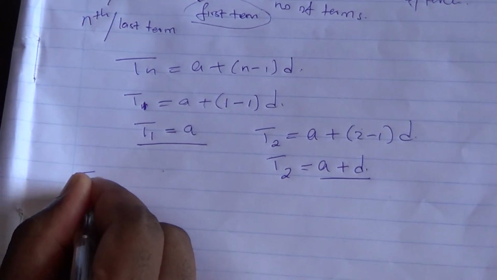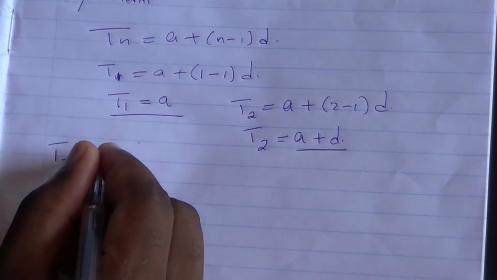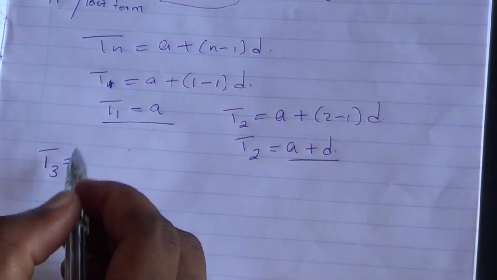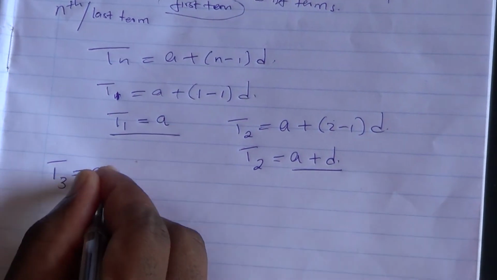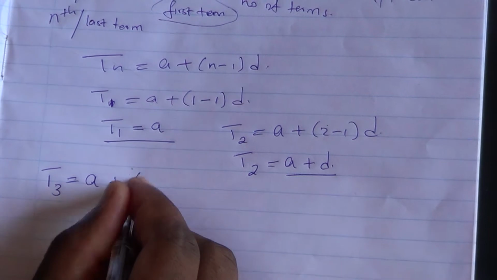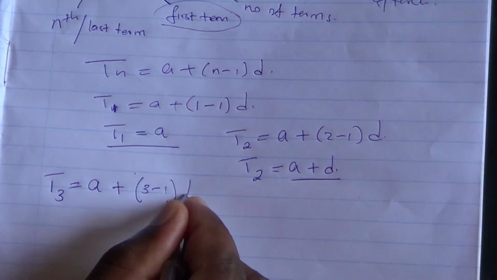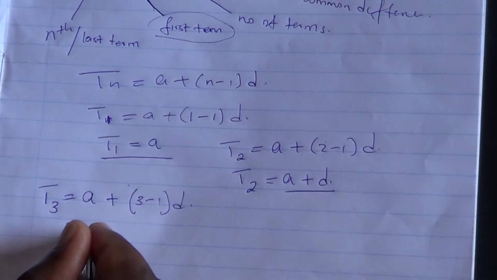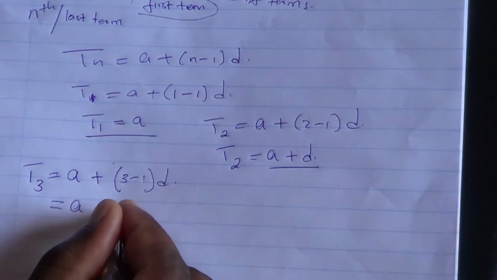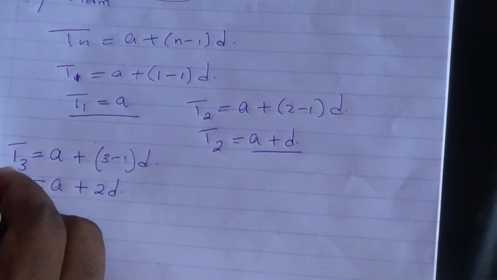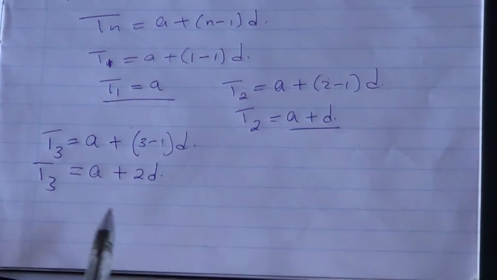Let's try term number 3. Where there is n, I'm replacing it with 3. It's going to be a + (3 - 1)d, then we're going to have a + 2d. So that's term number 3.